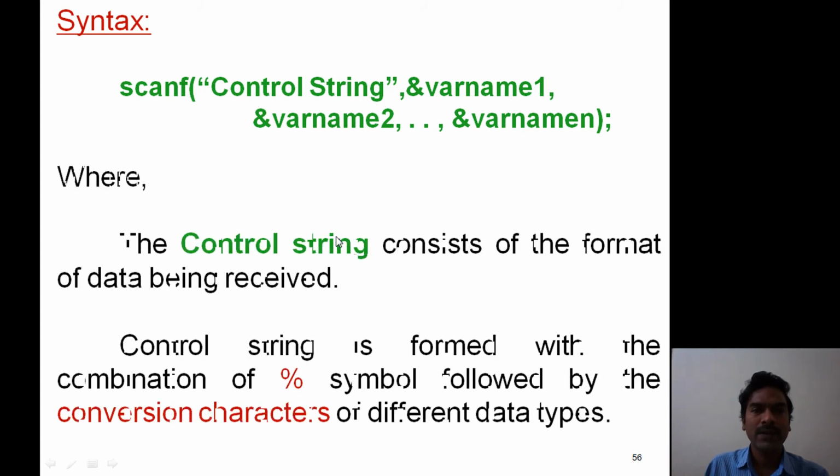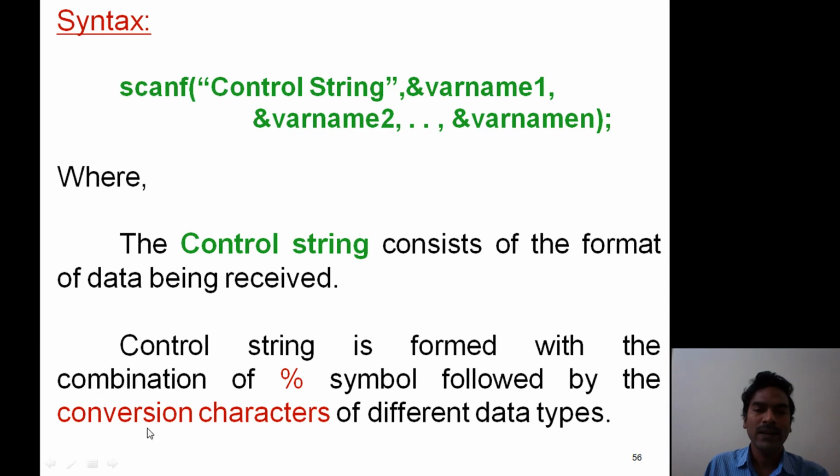Here the control string consists of the format of the data being received. When the statement arises, the compiler needs to accept data from the input device, the keyboard. At this time, it accepts different types of values. Hence, it is necessary to specify what type of data is to be received.